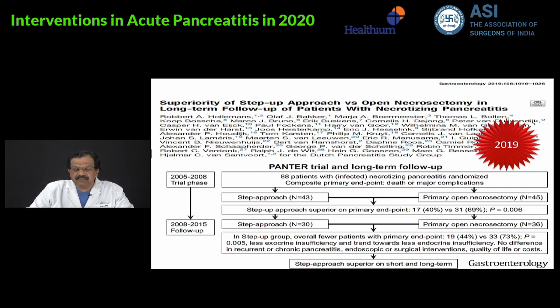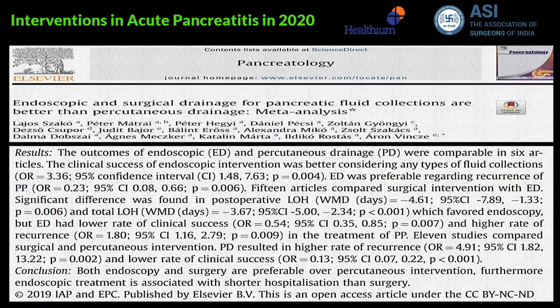Now, as far as compliance is concerned, most of the centers seem to have switched over to this. But if you see this beautiful meta-analysis published in 2019, actually very recently, it shows that though there is a lot of talk about this step-up approach, with a lot of evidence that I'll show you subsequently, both endoscopic interventions and surgical interventions, be it open or minimally invasive, seem to be preferable over percutaneous intervention.